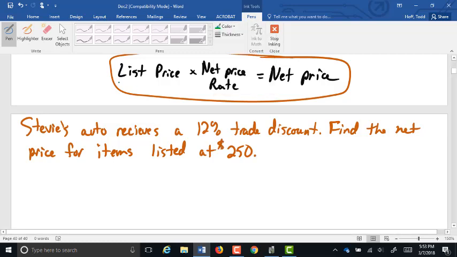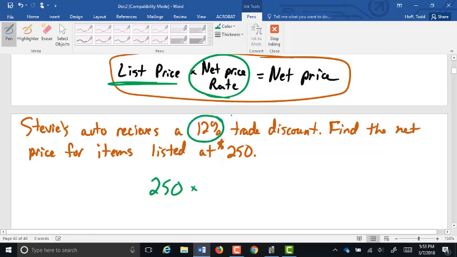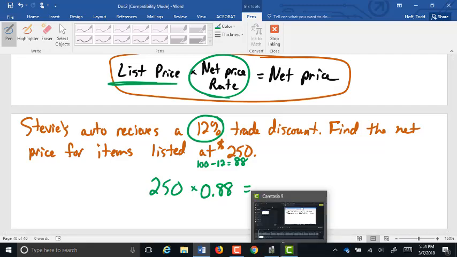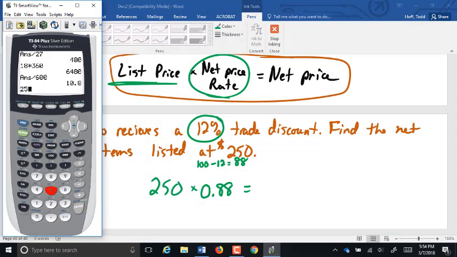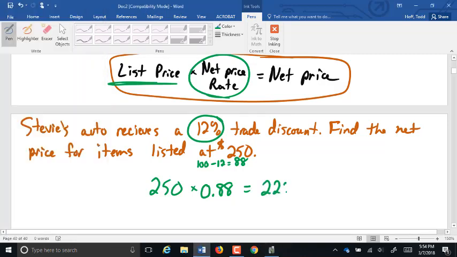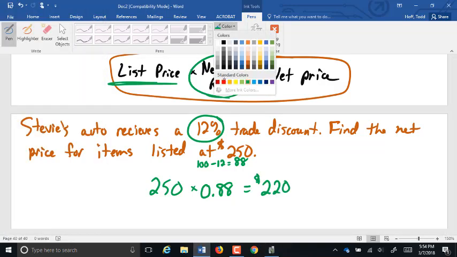Well, pretty straightforward. List price is $250. What's our net price rate here? Well, off of 12%, it's going to be 100 minus 12, which is 88%. So what's going to go in there is 0.88. 250 times 0.88 is $220. That is our net price.